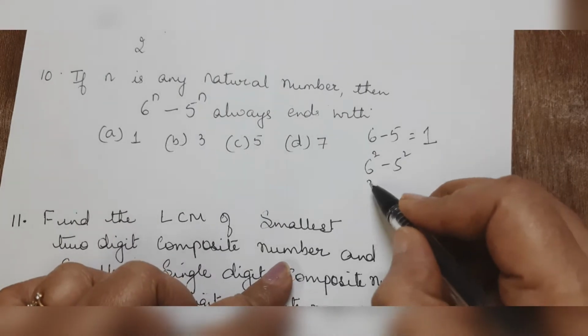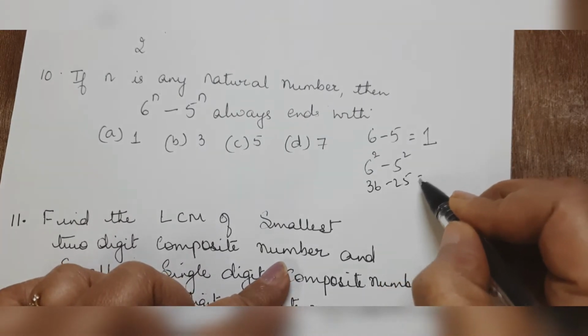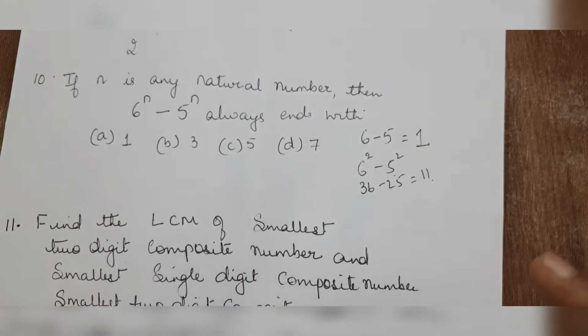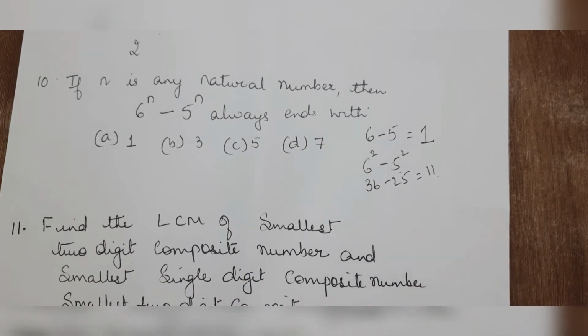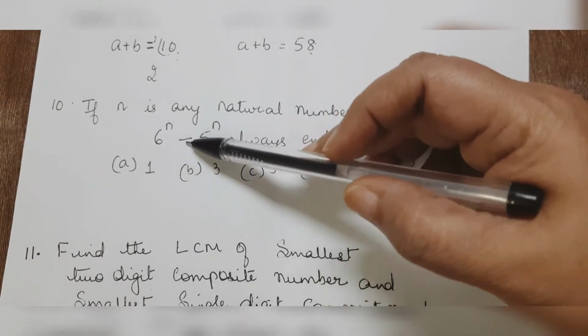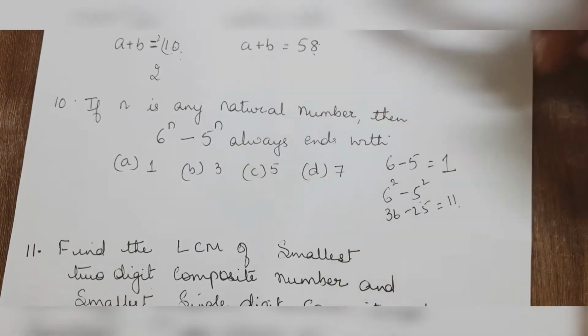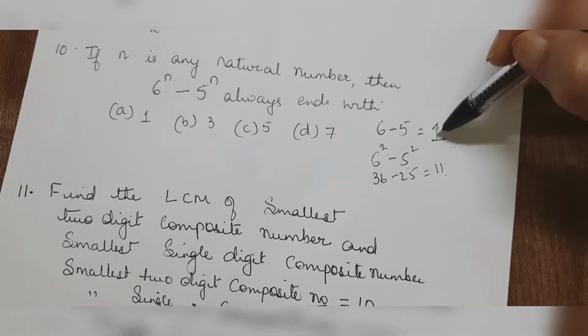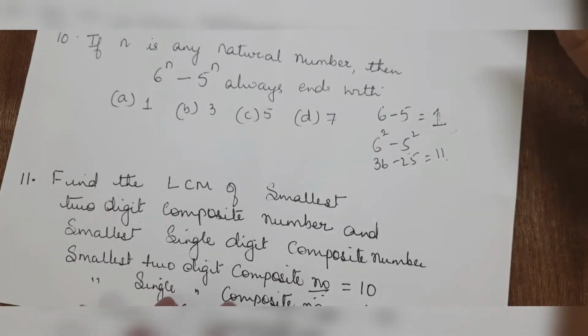So I will make this as 36 minus 25. It will end with 1. You can try with cube also, it will give the same answer, it will be ending with 1. So what you do is, any number given over here, if it is minus, just subtract it and write the answer over here. If it is 2 digit, you will still get 1. The ending one you have to take.